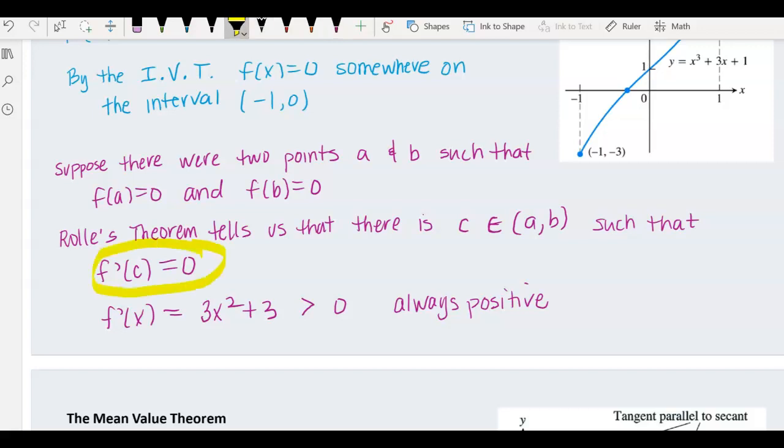There's nowhere that the derivative is equal to 0. So that's a contradiction of our assumption. There can't be 2 different points where the function takes on the value of 0. So in that case, we can make the conclusion that f has no more than 1 zero.